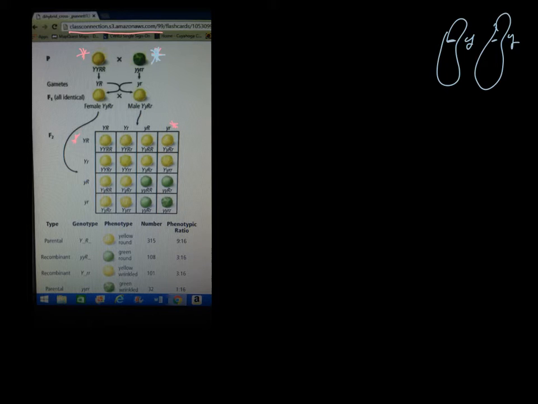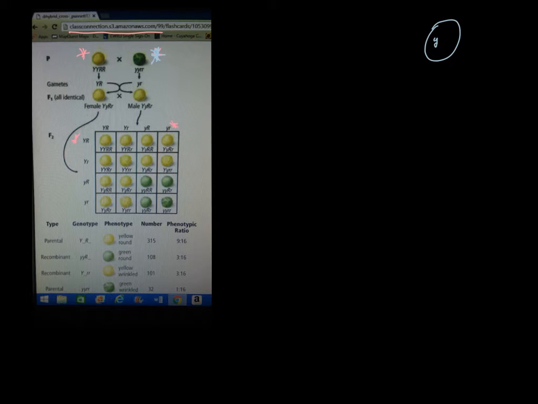Now, after meiosis, these would all be in cells, right? So let me go ahead and create the gametes, the sperm and the eggs, or in this case, the pollen, or whatever the case may be for a particular species. But let's make the gametes. So one possible gamete for this parent has a little y in it.